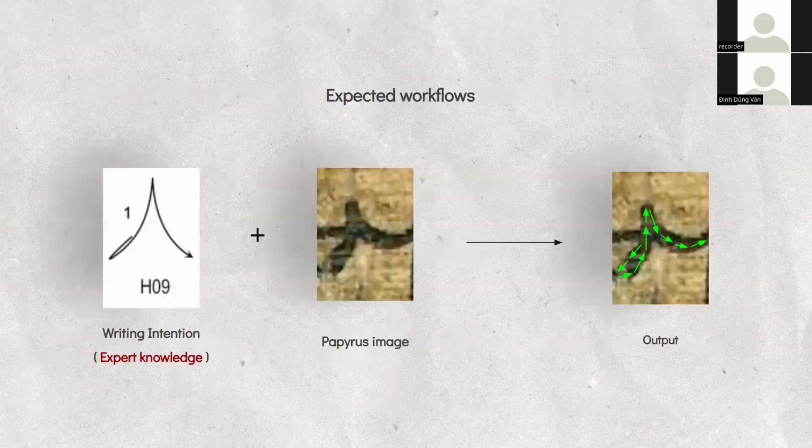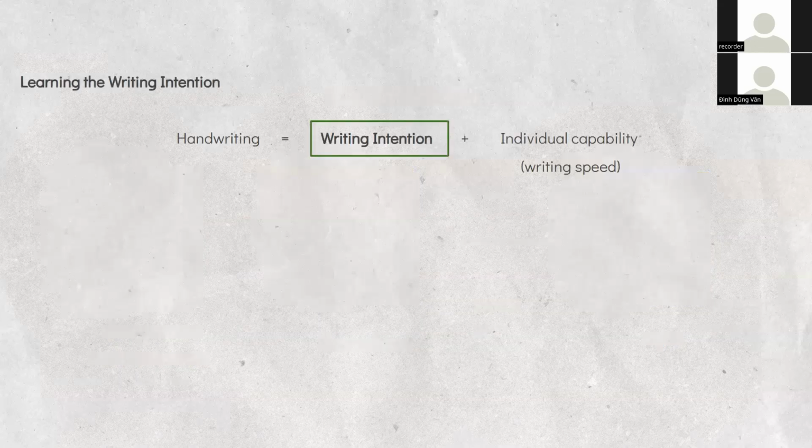Basically, before the generation of the characters, the expert gives the intention before any interaction with the AI model, and the output will be based on the intention plus the original image of the papyrus. We formulate the writing as a combination of the intention and the individual capabilities equal to the final handwriting on the papyrus.